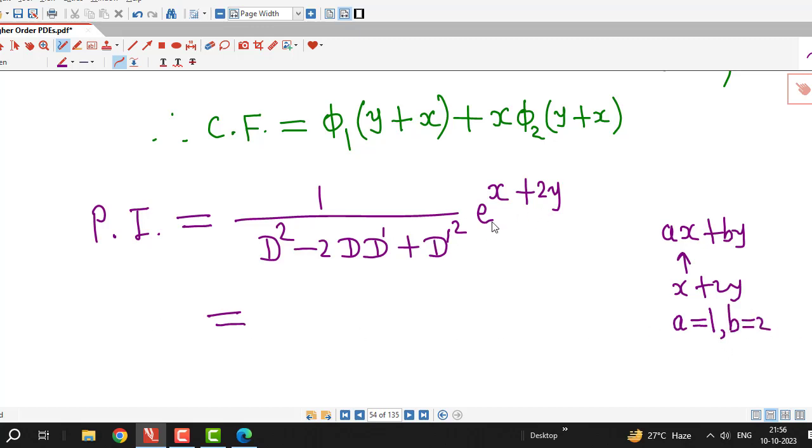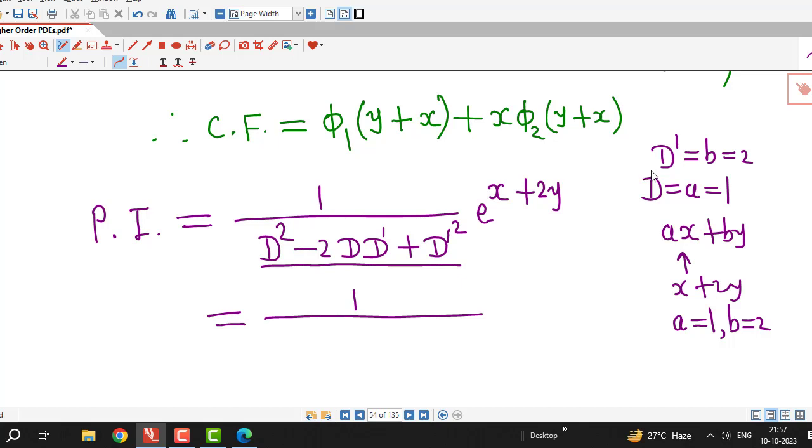And we know that if the right hand side is an exponential function, we replace D by a, here a is 1, and D' is replaced by b, here b is 2. So first we try to find this quantity for D equal to 1 and D' equal to 2. So for D equal to 1 I have 1 squared minus 2 times 1 times 2 plus 2 squared, e raised to x plus 2y.